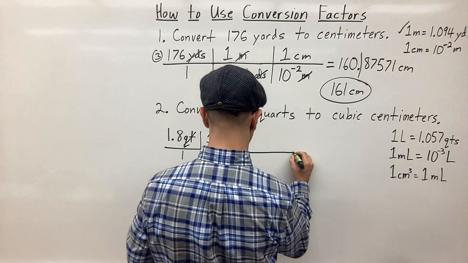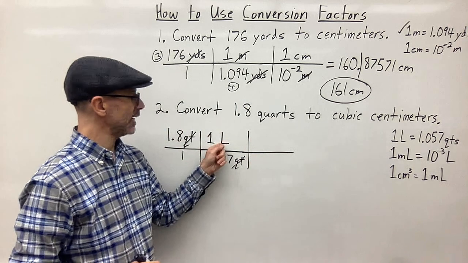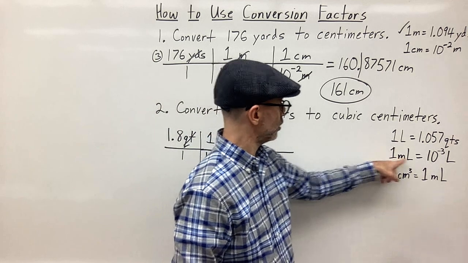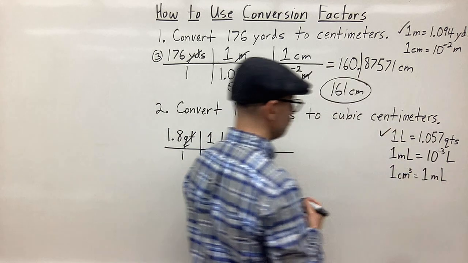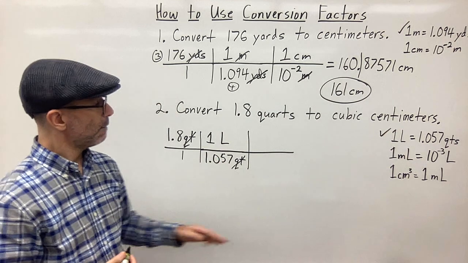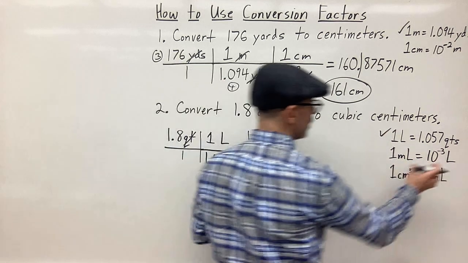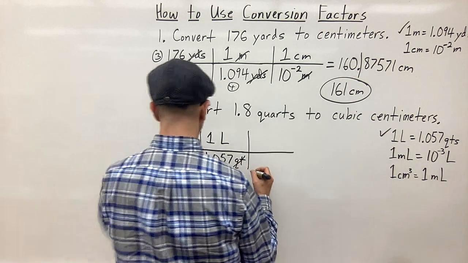So I'm going to extend this, draw my line, and now I need to convert liters to something. Here I have milliliters and liters. I've already used this one, so check that off. I'm not going to use it again, but I have liters here, so I can convert liters to milliliters. Let's go ahead and do that.